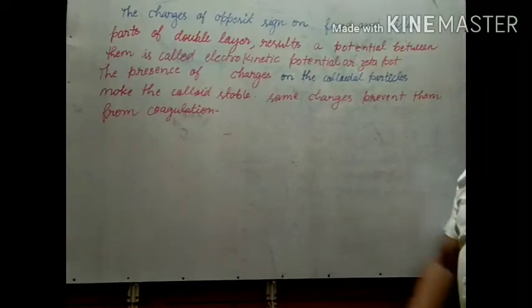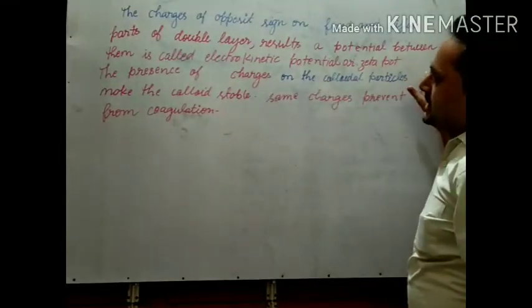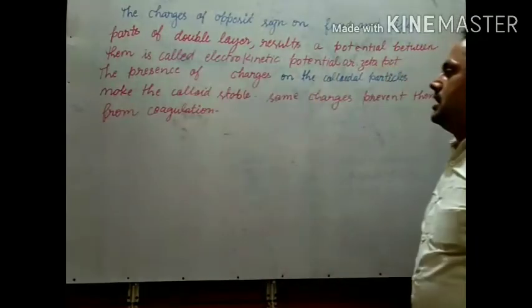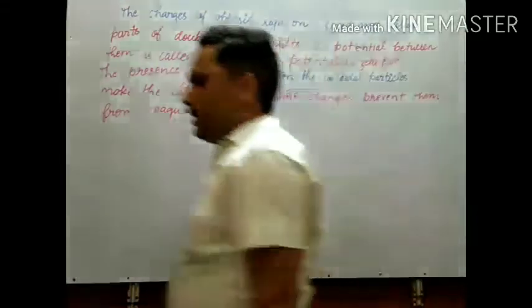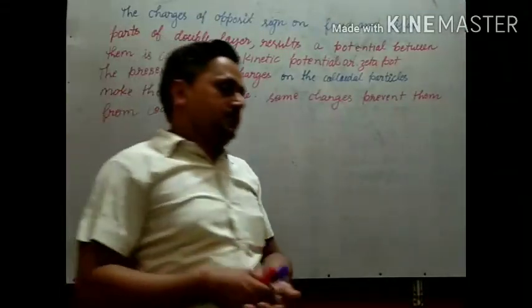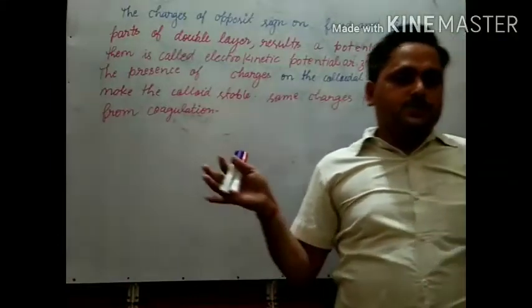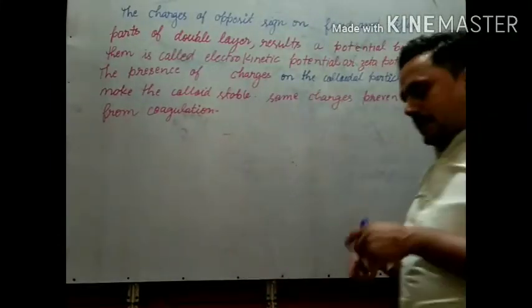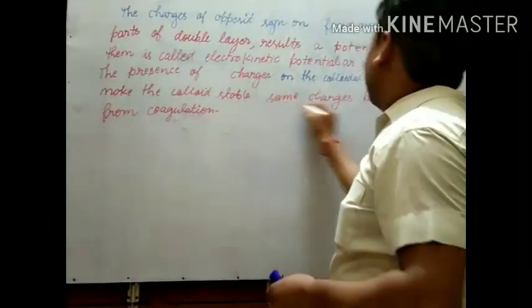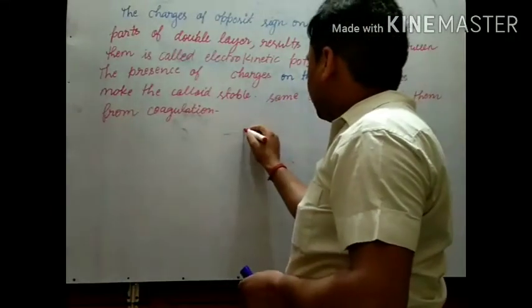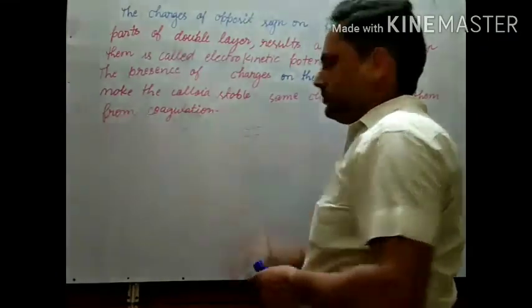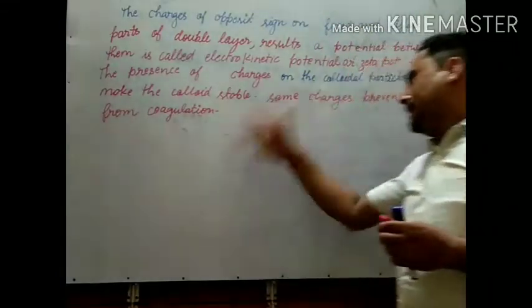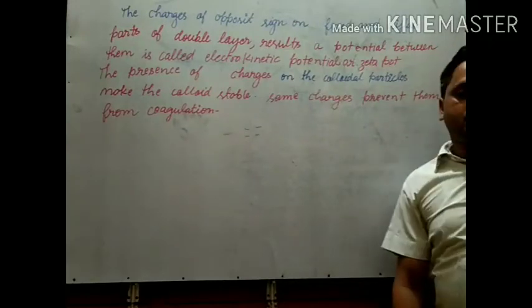The presence of charges on the colloidal particles makes the colloid stable. Same charges prevent them from coagulation. Means due to the presence of charge, they are more stable. Same charges repel, so all the particles are in motion.